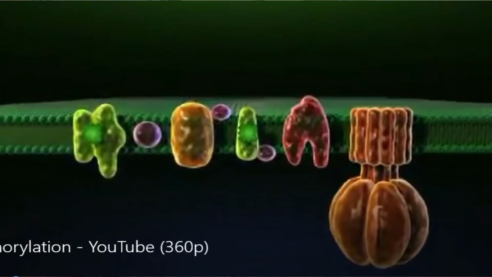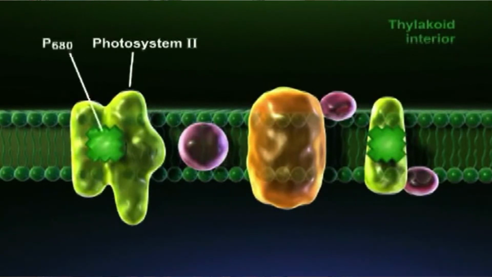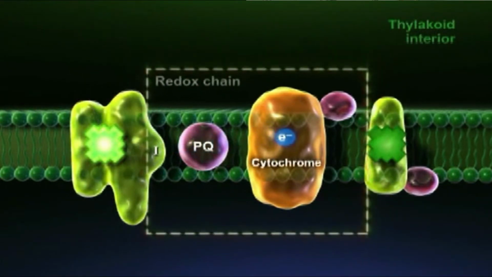The first step in light reaction is the excitation of photosystem 2 with a photon. The electron jumps out of the photosystem 2. The plastoquinone, it passes through the cytochrome system, the plastocyanin, and to the photosystem 1.